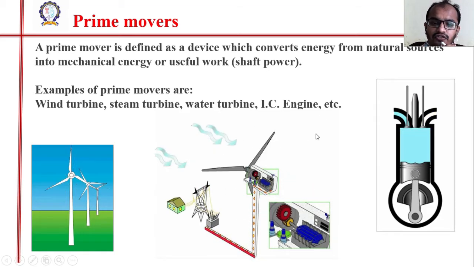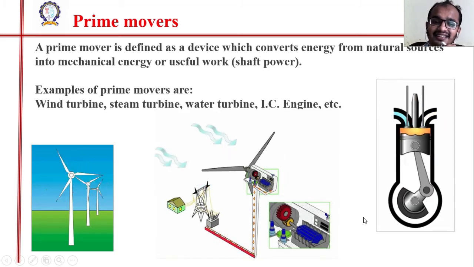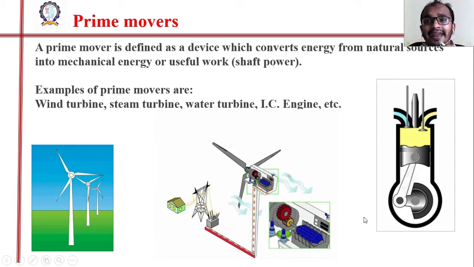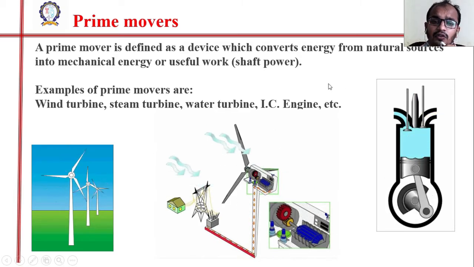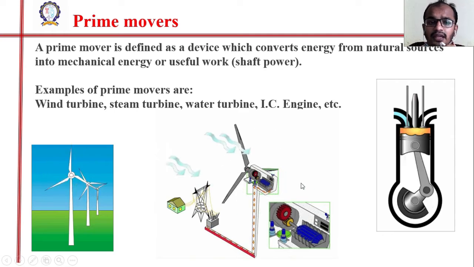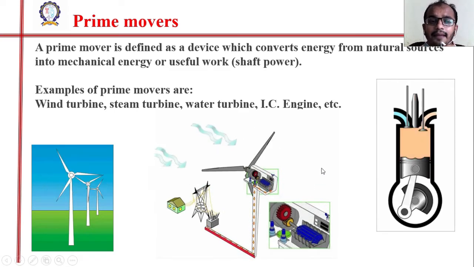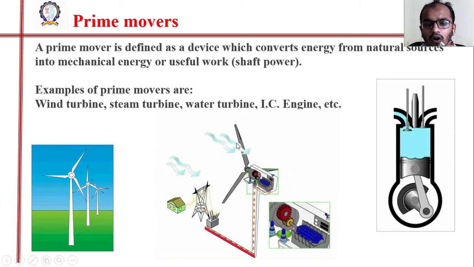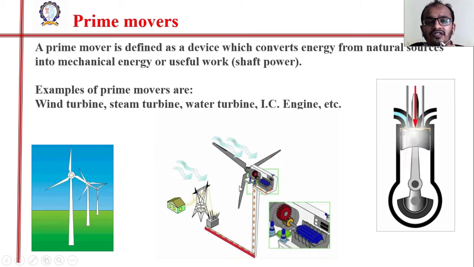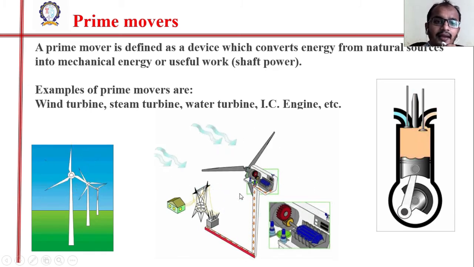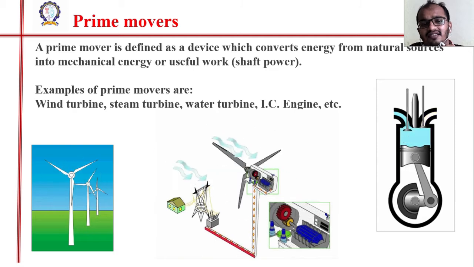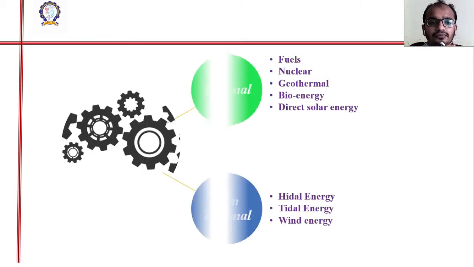And one of the most well-known examples is the IC engine, whether we talk about a bike or a car. The internal combustion engine is one of the good examples of the prime mover. In all these cases, the natural source is converted into mechanical energy, or we can say useful work.